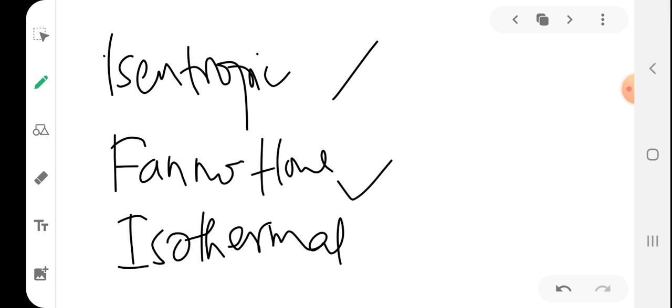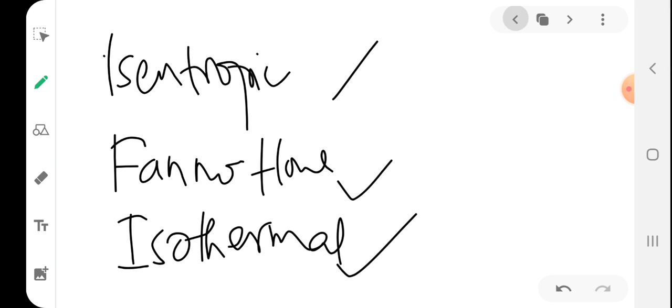In Fanno flow, it is friction along the wall surface of the duct. Isothermal means the temperature should remain constant. So in isothermal flow there will be a certain amount of friction and the duct area will be constant. These are the different types of flow that we have studied in the previous modules.